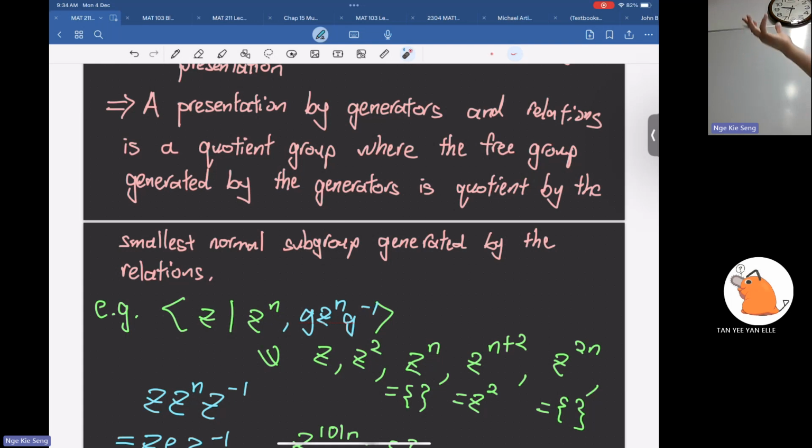And this is what we need for this quotient here. If I send a word to identity, then I'll send all the conjugates of that word to identity as well. Make sense?